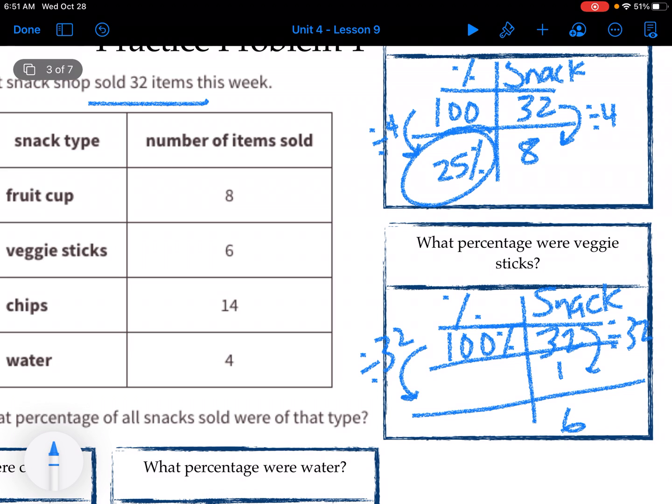So 100 divided by 32, I get 3.125. Now I'm going to multiply by 6, and I get 18.75%.